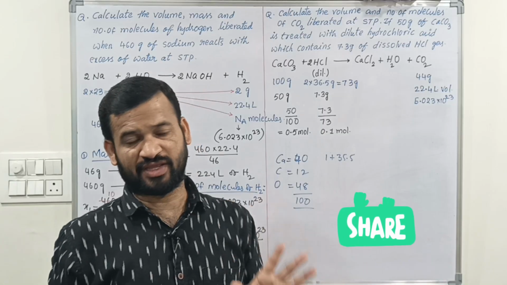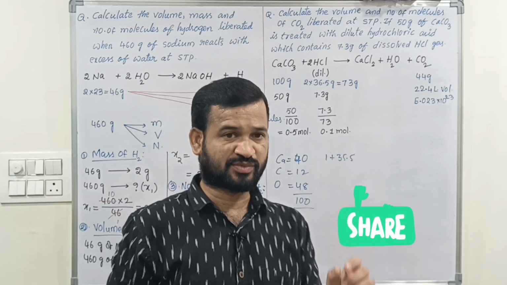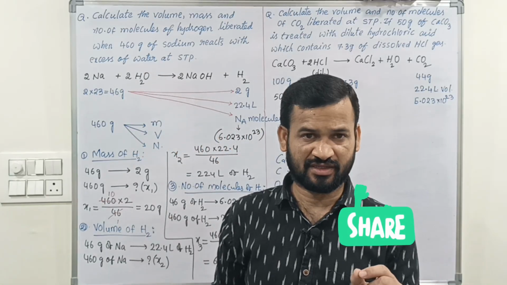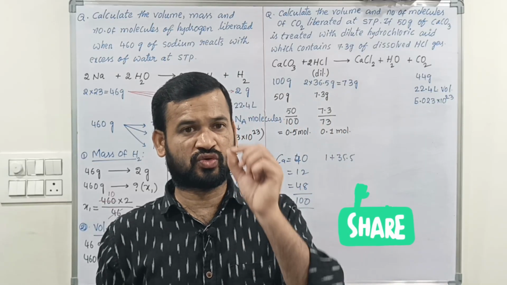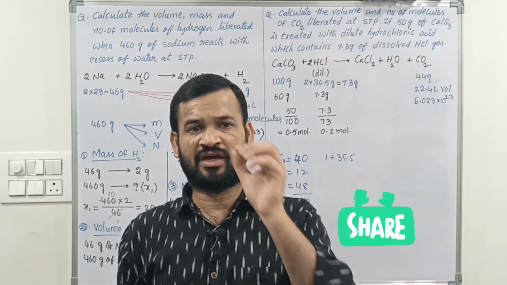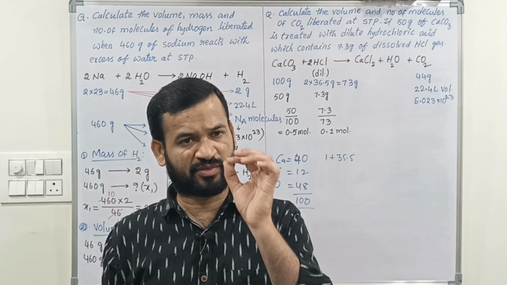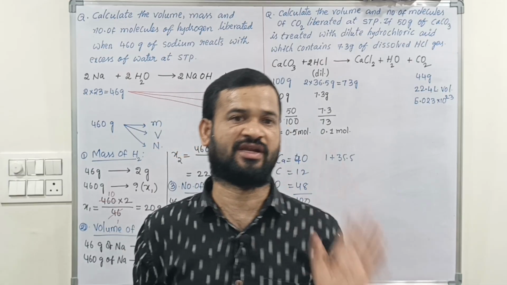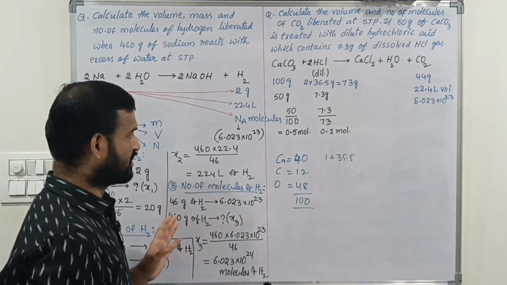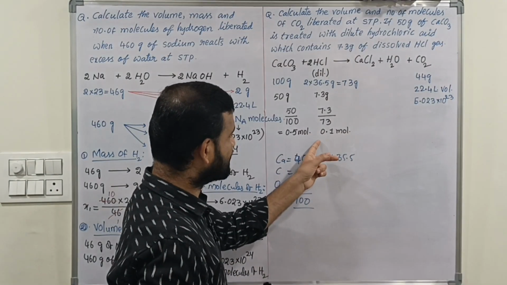So that is called limiting reagent. Limiting reagent means the substance which is not sufficient for the chemical reaction to occur 100%. This is called limiting reagent, limiting agent or limiting reactant. So what is the limiting reagent here?